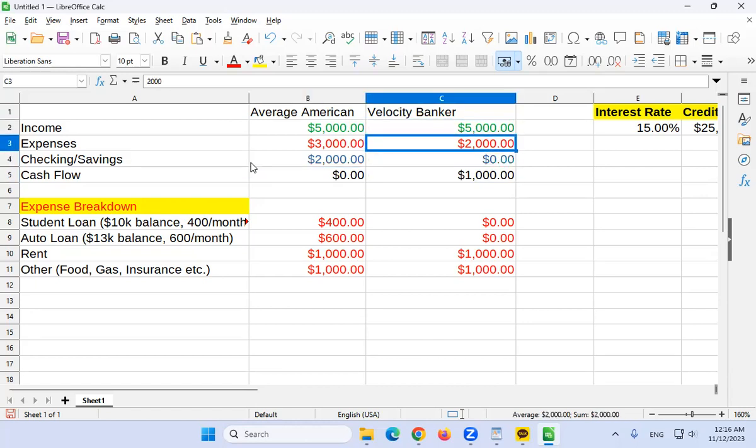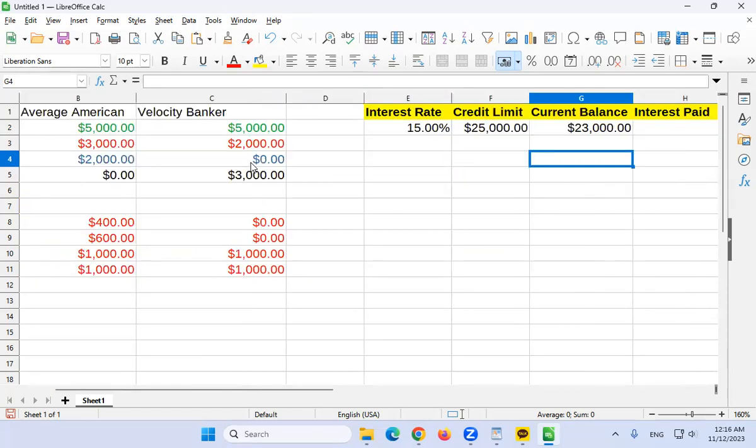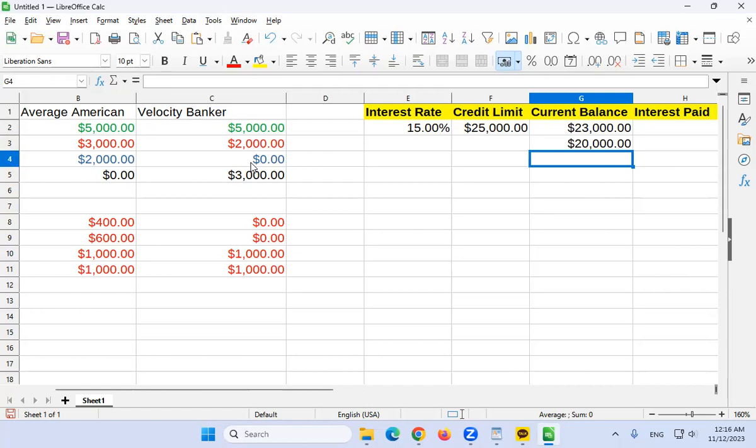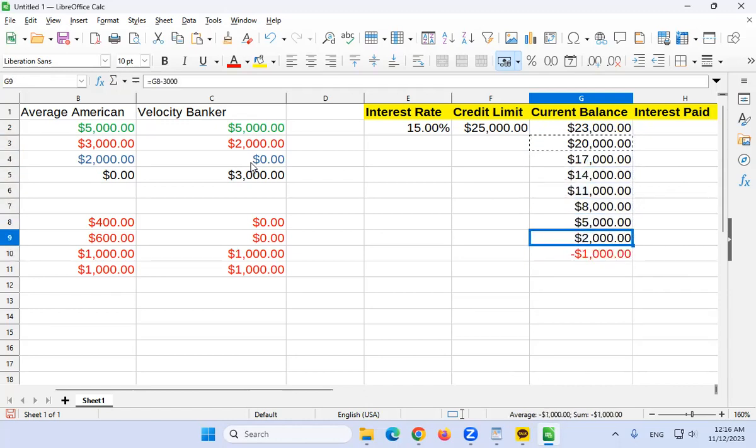Okay. So now let's go back here. So let's just redo this. So 2,000. So checking and savings is always going to be $0 in velocity banking, because you're dumping your entire paycheck and using your line of credit as your main operating account. So now let's see how much it takes to pay off this $23,000 here. So that'll be G2 minus 3,000. Okay. So let's go ahead and copy and paste. I'll put 0 here.